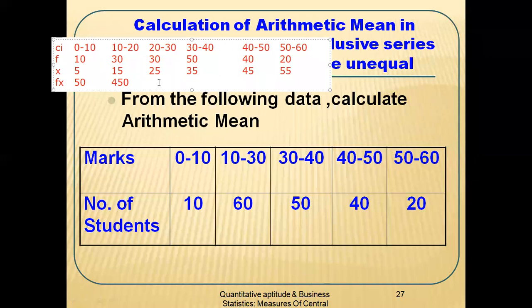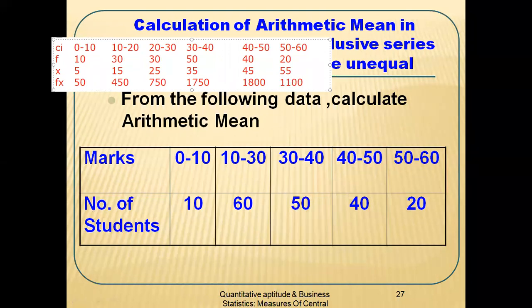Okay, 30 multiplied by 25 is 750. The next number is 50 multiplied by 35, 1750. Okay, the next number is 40 multiplied by 45, it is 1800. The last number is 20 multiplied by 55, that is 1100.